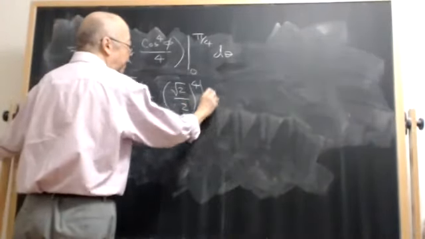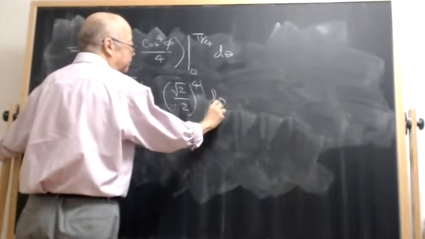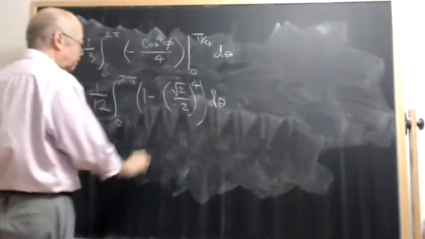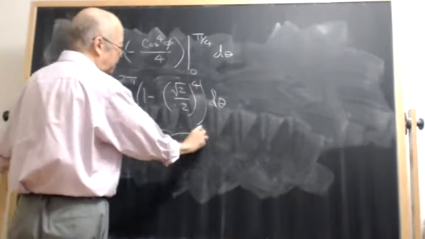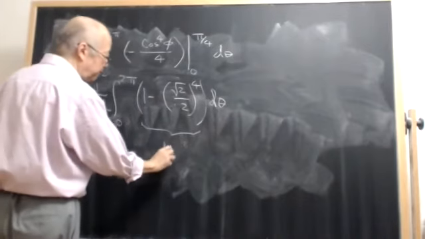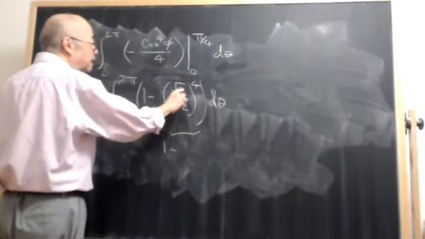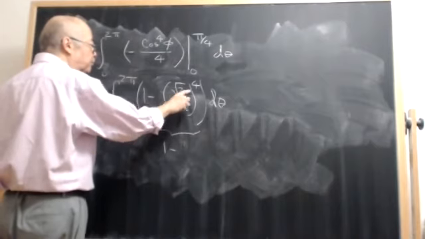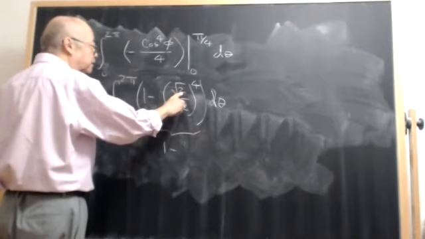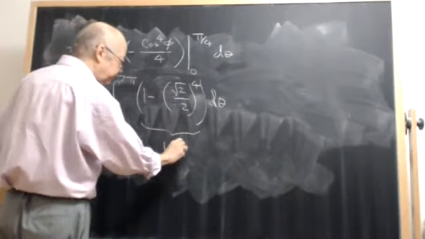And then I have d theta. What is this? This is 1 minus, well, root 2 to the 4 is 2 times 2, which is 4.